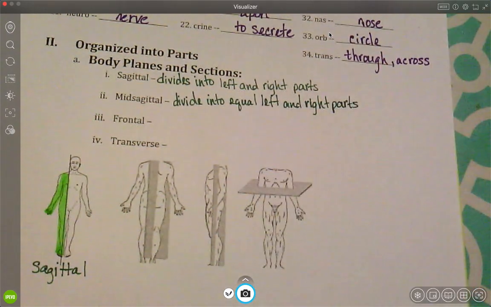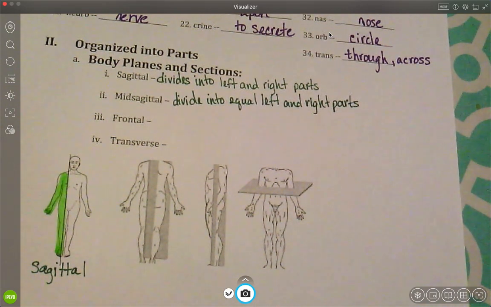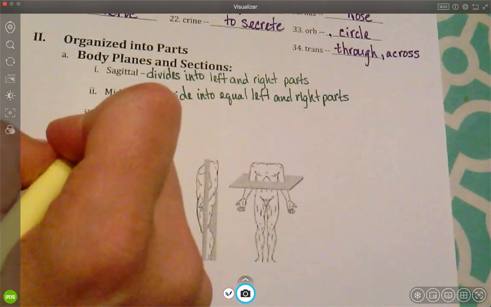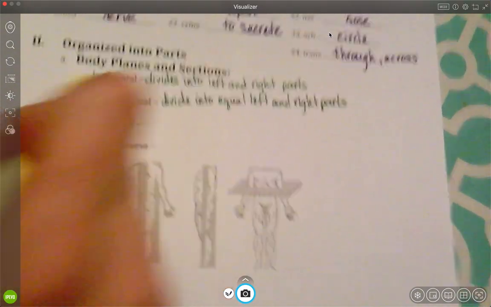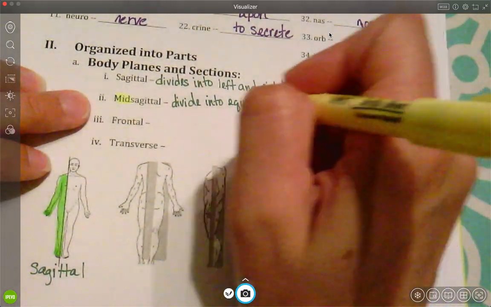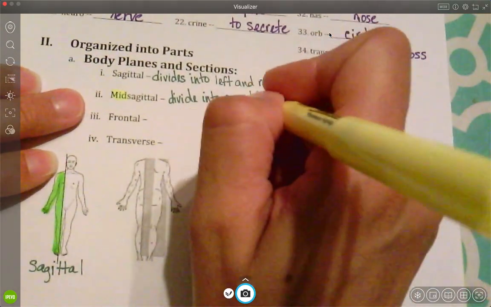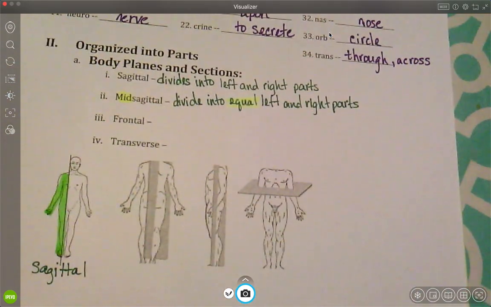Now, when we see mid in a word, I am going to highlight that and make that stand out to you. You can highlight, you can use a marker, whatever it is that you want to do. Some people underline. So mid, in this case, is going to be the equal part. So make that stand out to you.